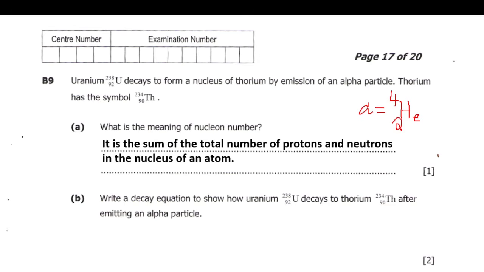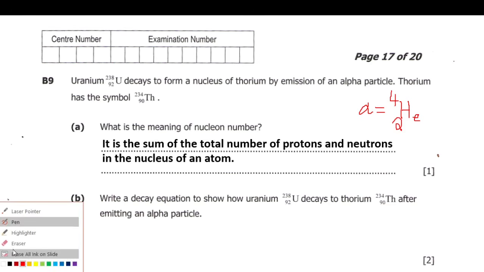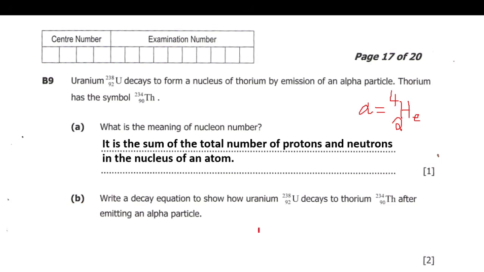So this is the one which has actually been released here. So write a decay equation to show how uranium 238, 92 decays to thorium 234, 90 after emitting an alpha particle. So this will break, because to decay is to break.